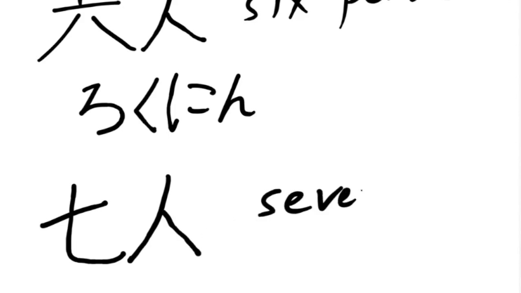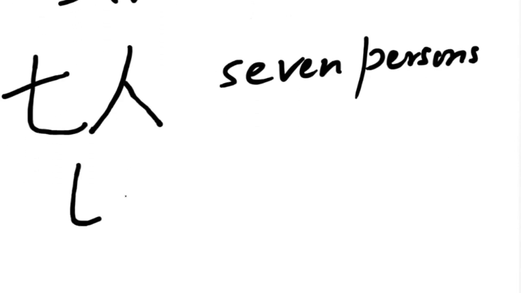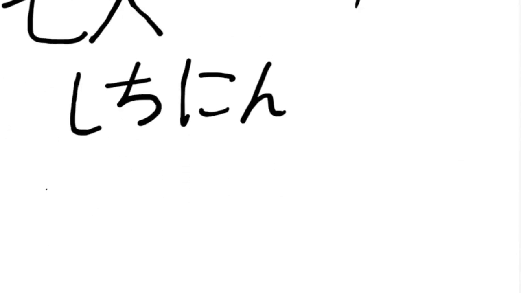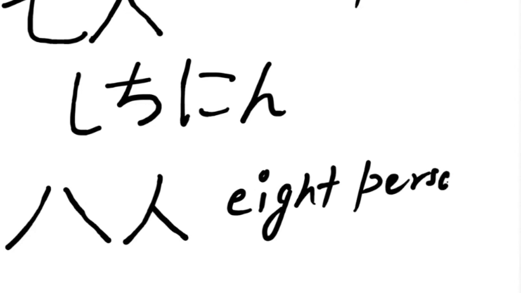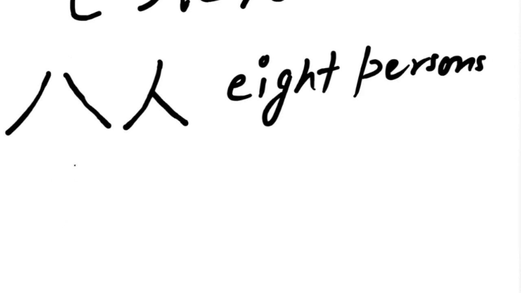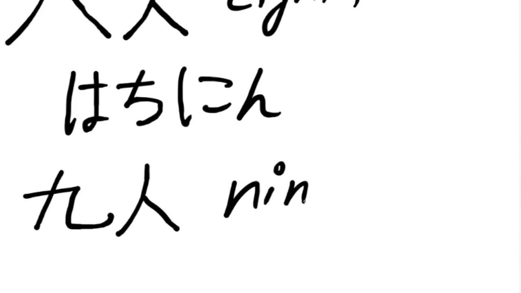Seven persons is sichinin. Eight persons, hachinin. Nine persons, kunin.